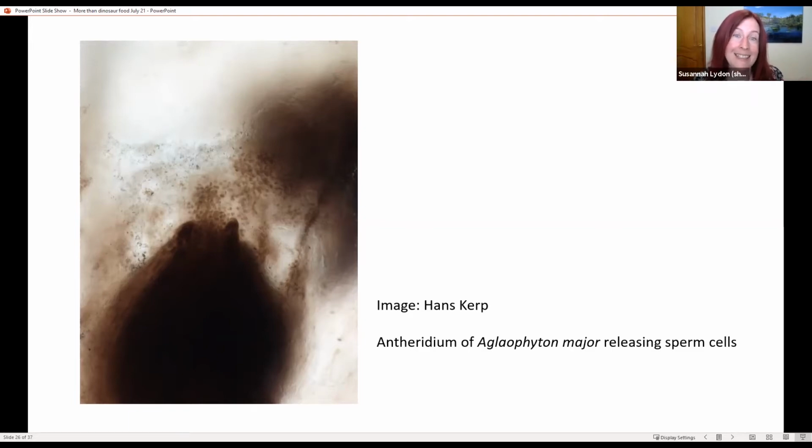This is a plant, the male organ of the plant releasing sperm cells. This is plant sex preserved from 400 million years ago. Again, just extraordinary preservation on that cell level. So plant fossils, if you find the right preservation, can tell us extraordinary things.